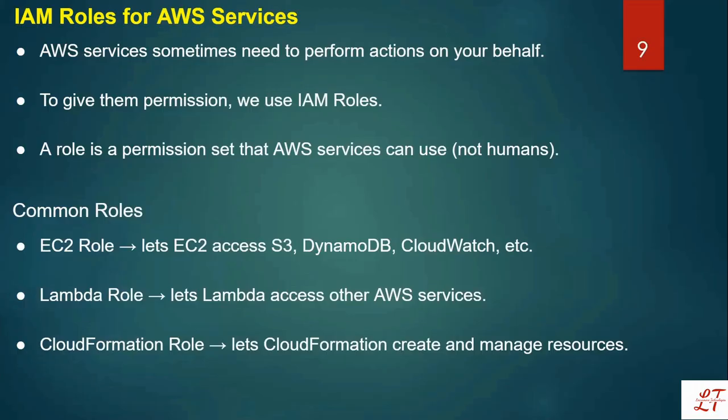For example, you give permission to EC2 so that EC2 can access S3, DynamoDB, and CloudWatch, etc. And a Lambda role is where you allow Lambda to access other AWS services. And with a CloudFormation role, you allow CloudFormation to create and manage resources.